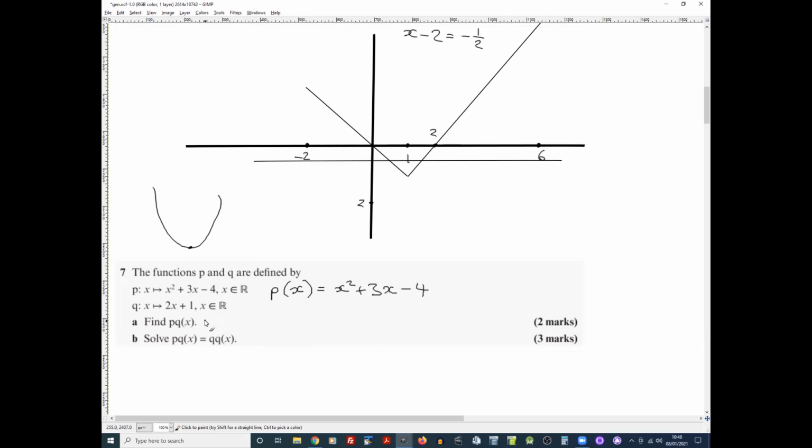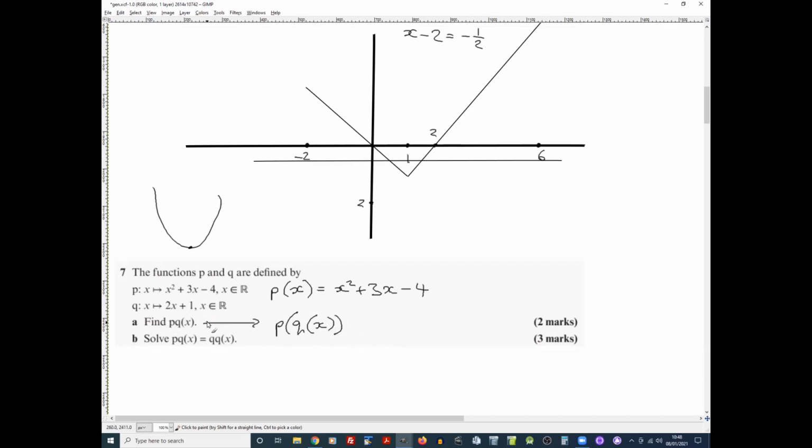Right, PQ of X. How would you read it, by the way? I would just say PQ of X. I think it's better to say P of Q of X. Although actually it's a bit pedantic, it's useful to be saying to yourself, of course I could write that like that, couldn't I? So you would know how to do that?